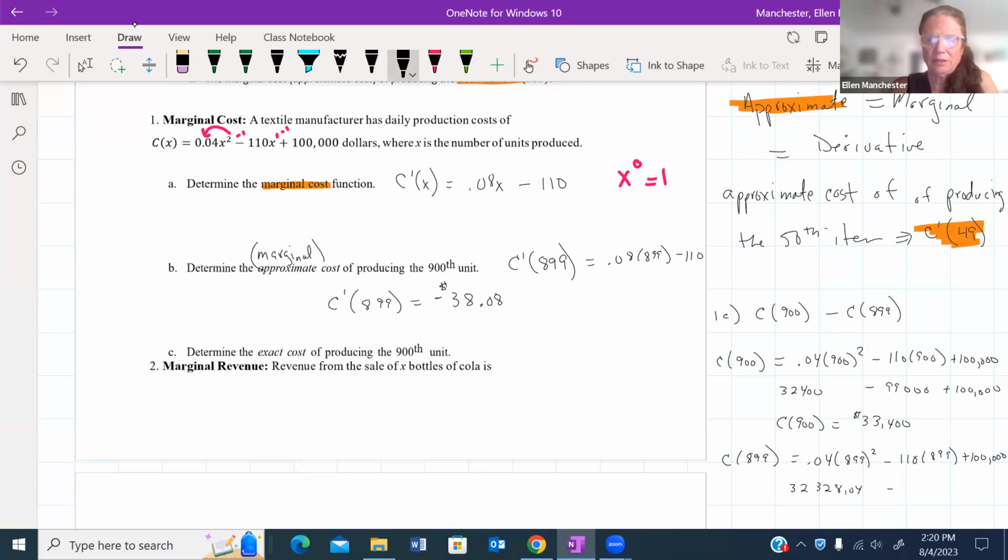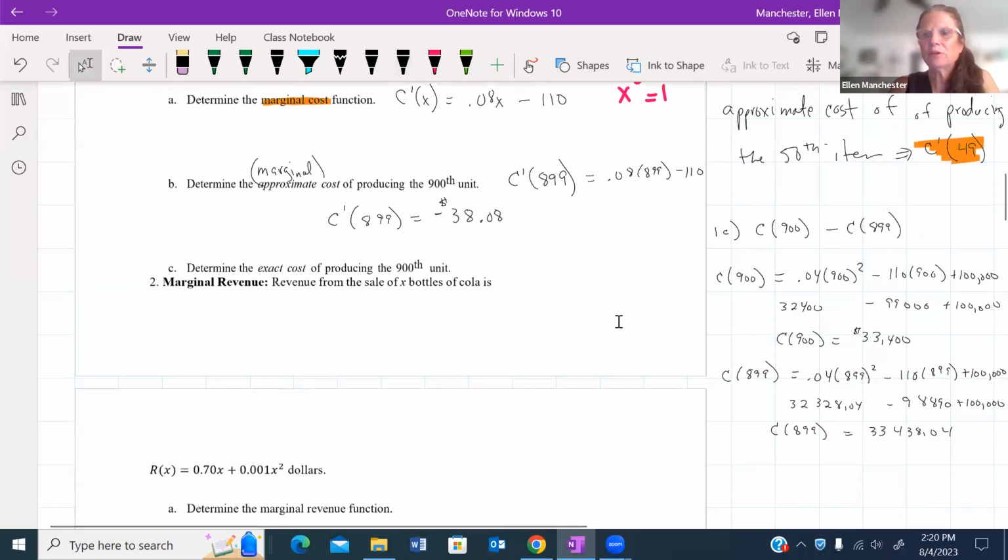And then 110 times 899 is 98,890, plus 100,000. So 32,328.04 minus 98,890 plus 100,000. So the cost of 899 products is 33,438.04. Well, do you notice the difference?